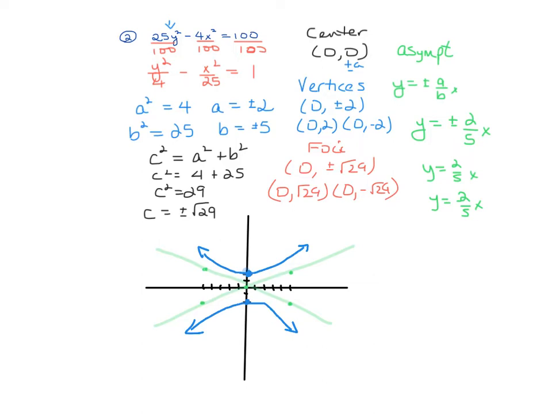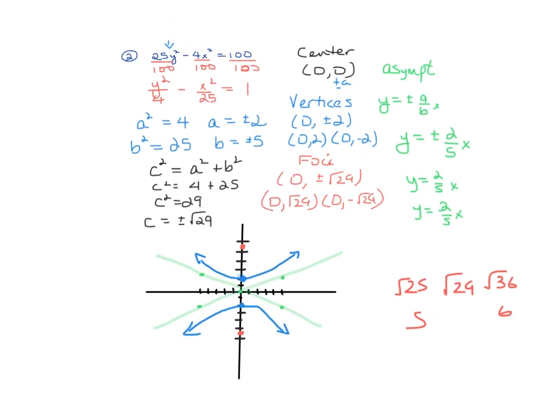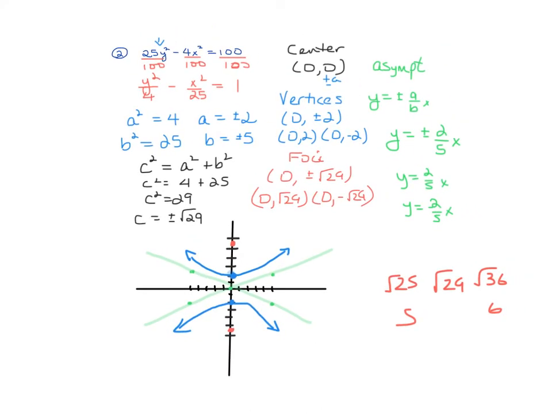So again, square root of 29, that's in between 25 and 36, so in between 5 and 6. So let me add a couple more marks here. 3, 4, 5, 6. Put it in between there. Put it in between there. And that is the graph of the hyperbola with the center at the origin, or 0, 0.